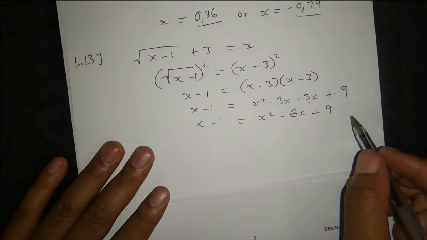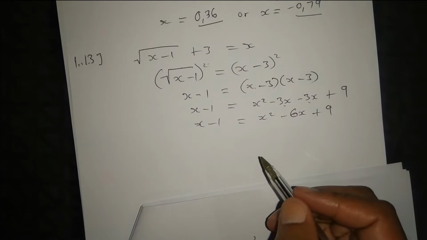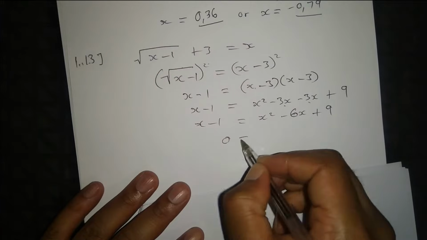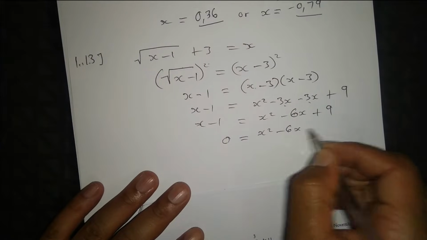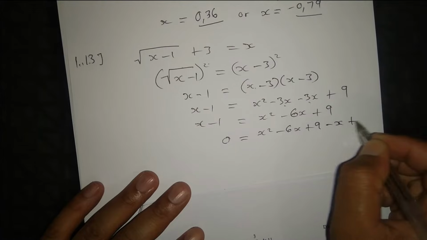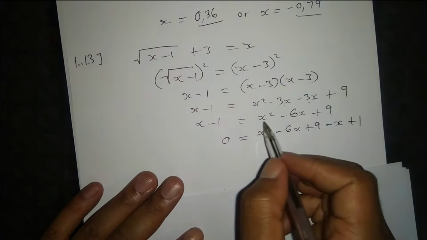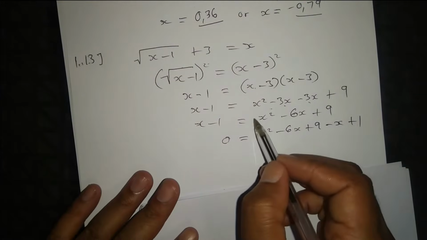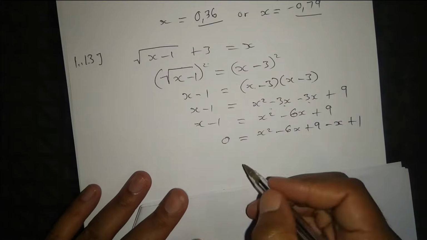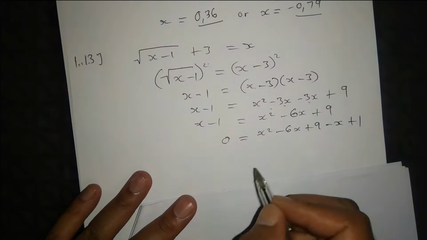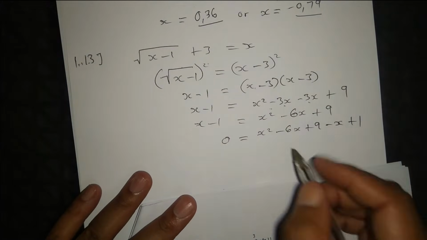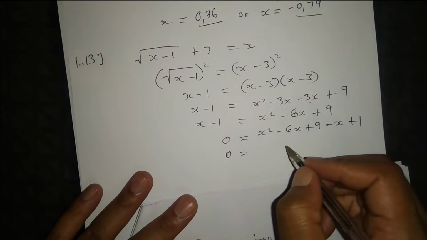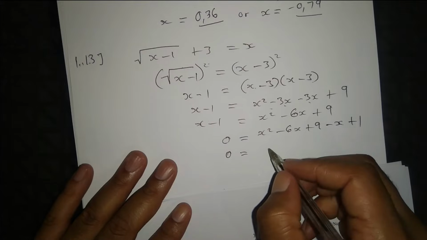So I need to transpose everything to one side so that one side is zero. I'll bring it over: x squared minus 6x plus 9 minus x plus 1. You could bring it to the other side, but I'm avoiding a situation where my x squared becomes negative, so it's best to leave it on this side so that it is positive. I want to use the factoring method instead of the quadratic formula.